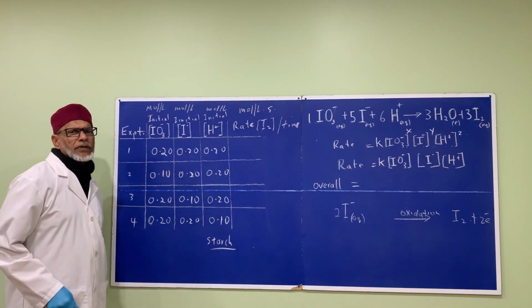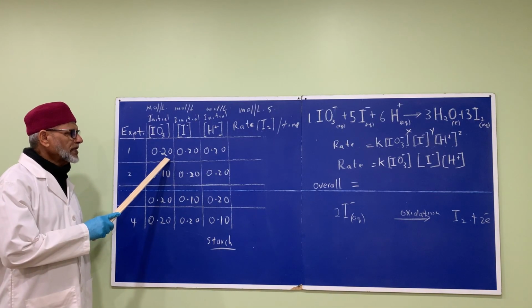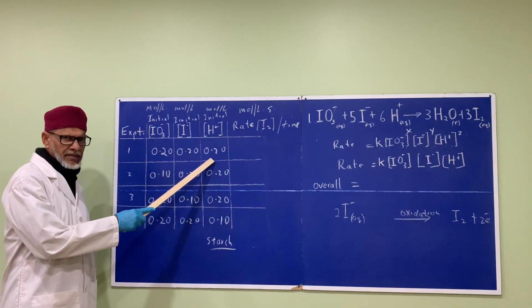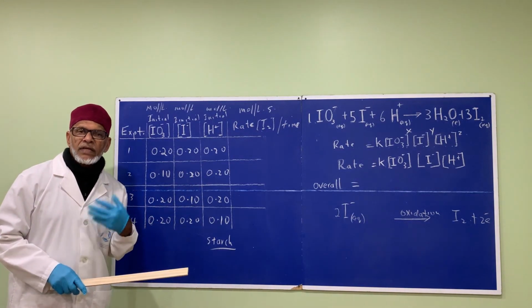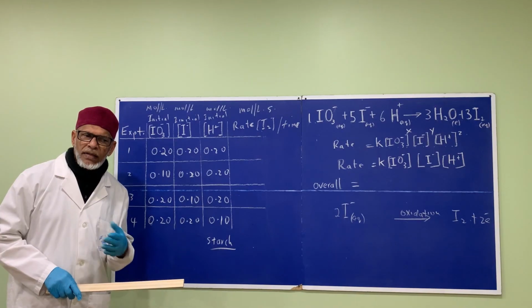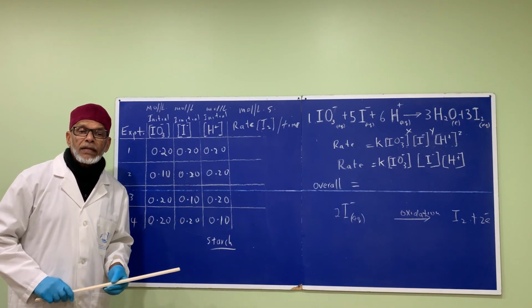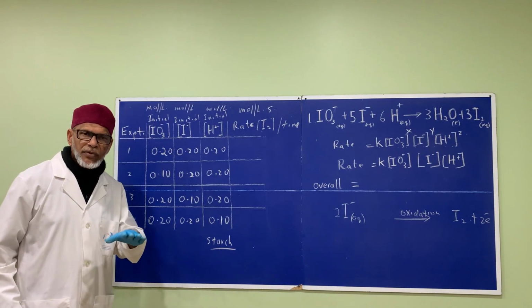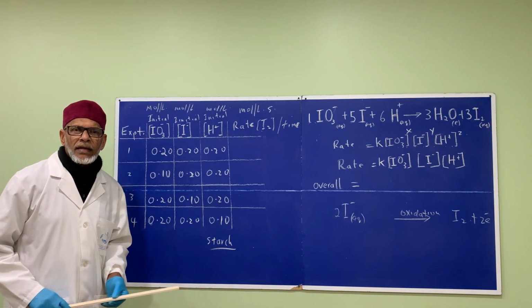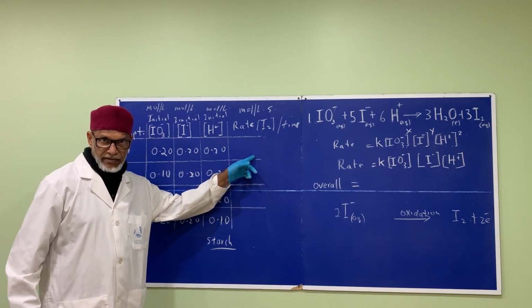In the first experiment, we have 0.2 mole per liter for each of these. We mix these together, start the stop clock, and the moment that blue-black color appears, we stop it, and that registers the time. That will help us calculate the rate at which the iodine was being formed for that reaction.